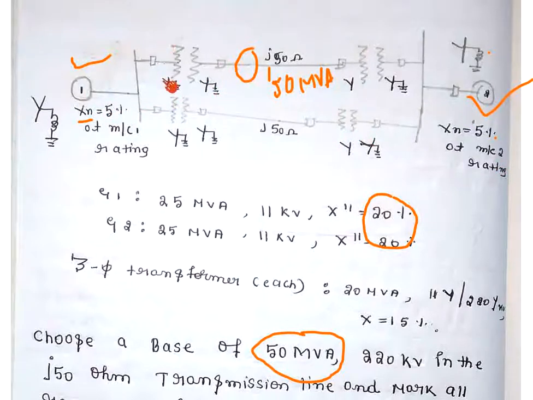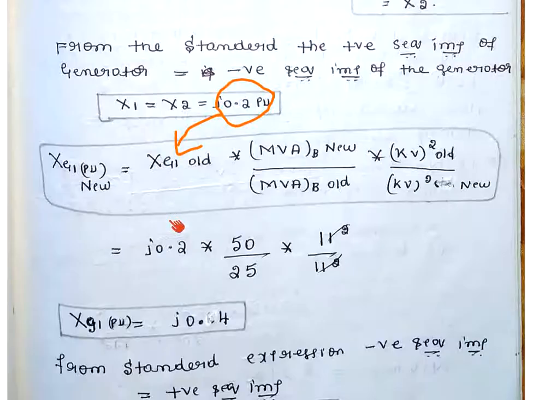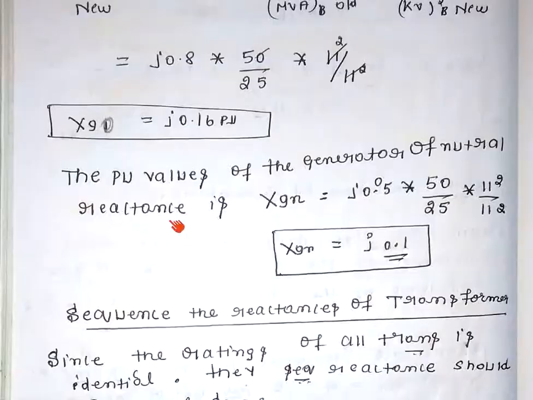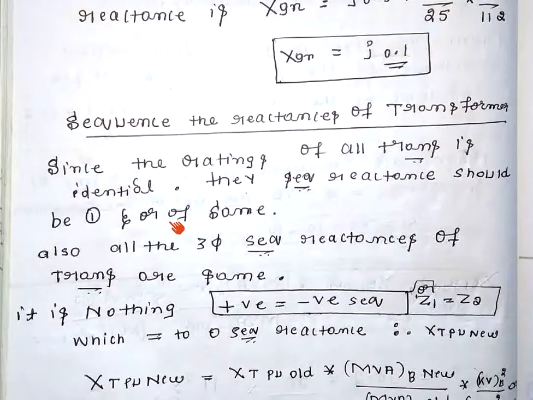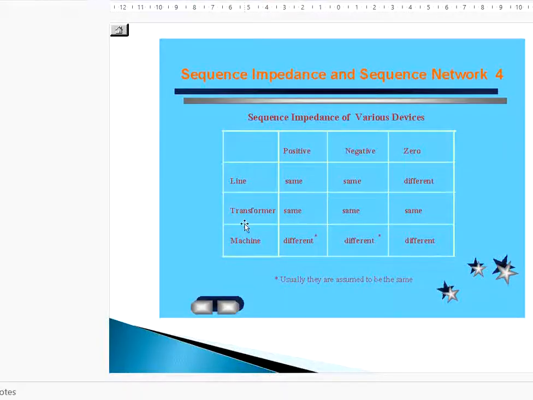Now we need to find the transformer values. Now, sequence reactance of a transformer. We know that in a transformer, the positive, negative and 0 sequence reactances are equal.